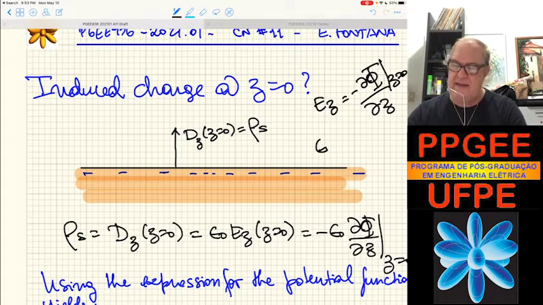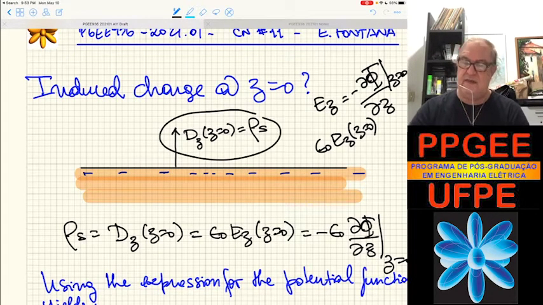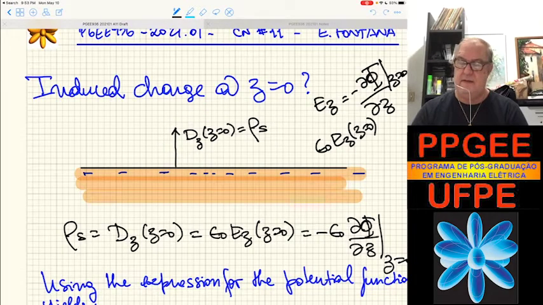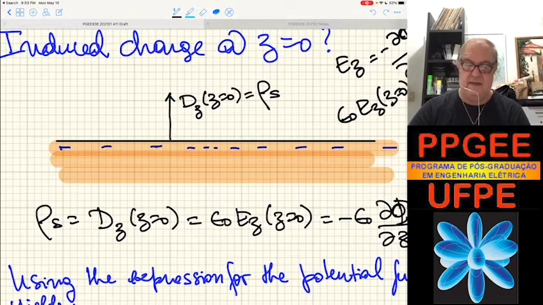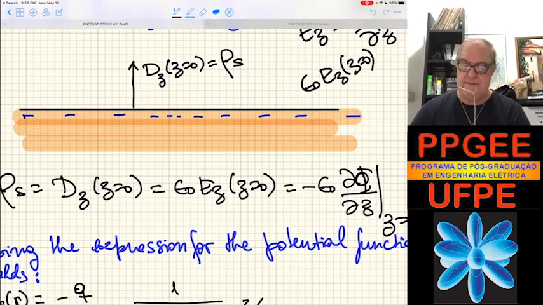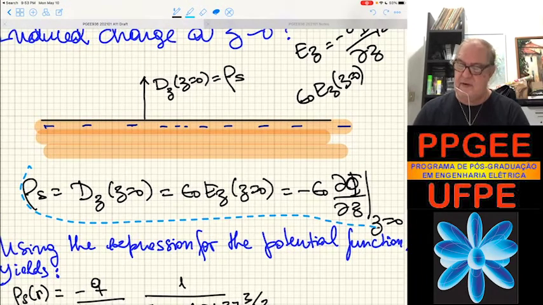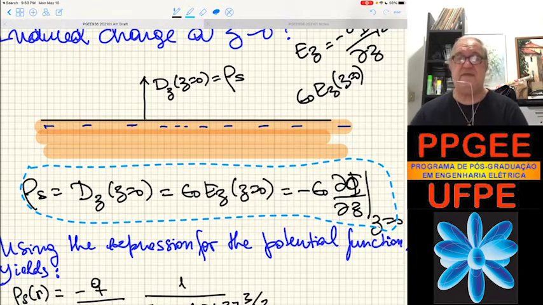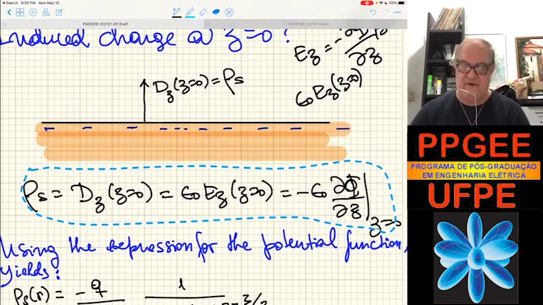Then we multiply by epsilon 0. That's the outline of the calculation. It's just a matter of calculating the derivative of a function of z. So that's for you people.